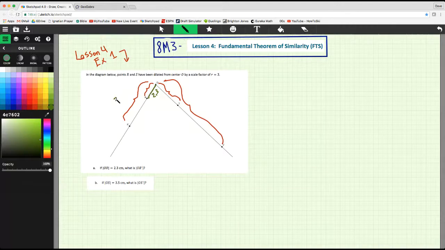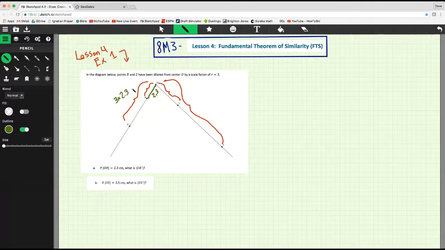So that's 3 times 2.3, which is 6.9. Similarly, if this guy over here is 3.5, then this long guy is 3 times 3.5, which is 10.5 centimeters.